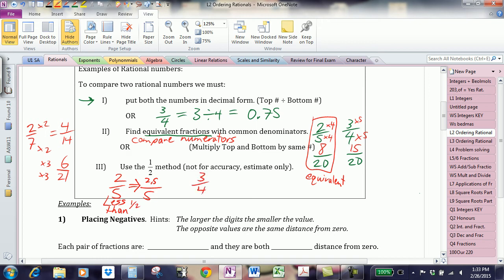If we have 3 over 4, what's half of the fraction? 2 over 4, right? Half of 4 is 2. So this one would be more than a half. So because it's more than a half, we know that this would be larger. It's not for accuracy, but it gives you a good idea if you have two fractions there.